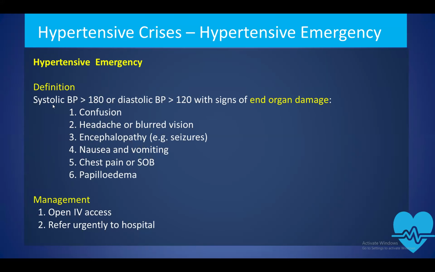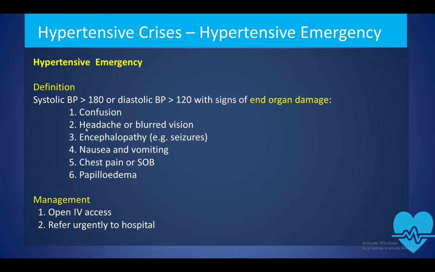In hypertensive emergency, systolic blood pressure will be more than 180 or diastolic blood pressure more than 120, and the patient will have signs of end organ damage. So what are the signs of end organ damage?